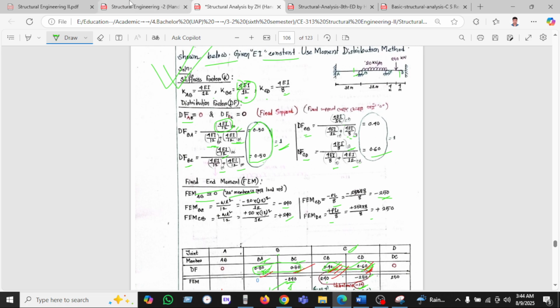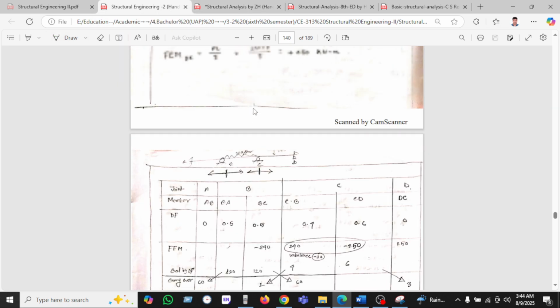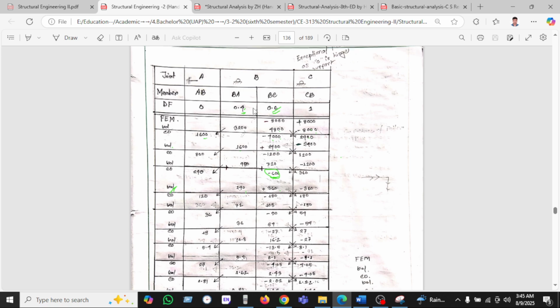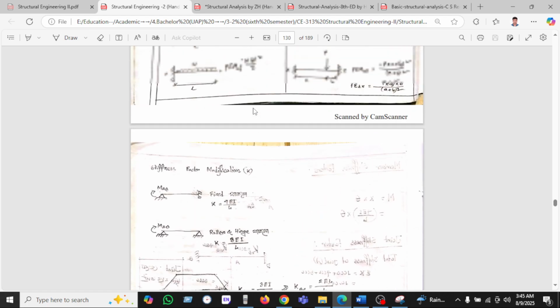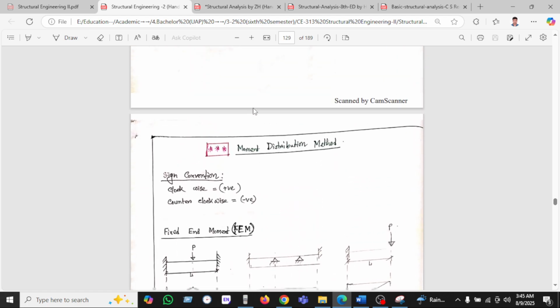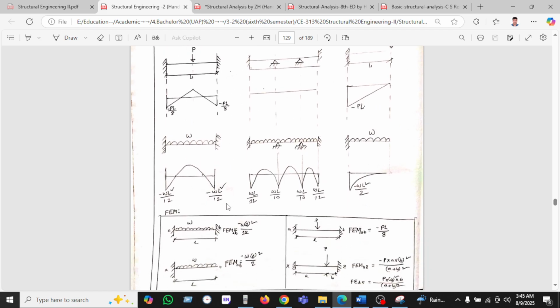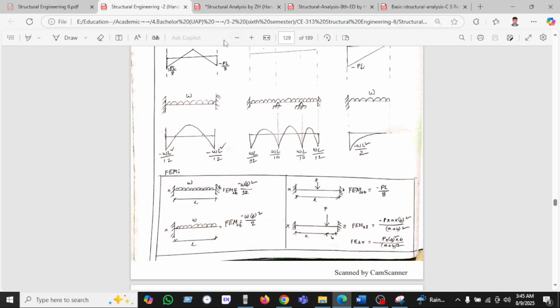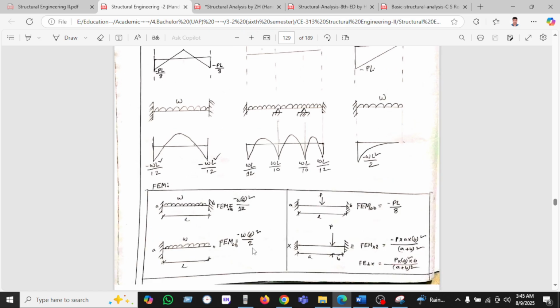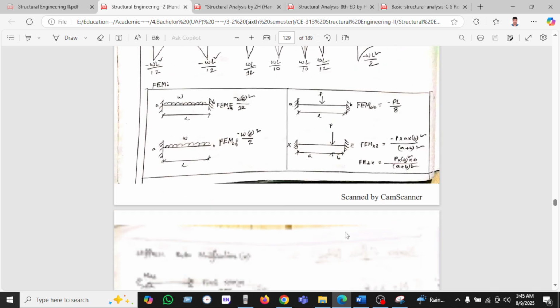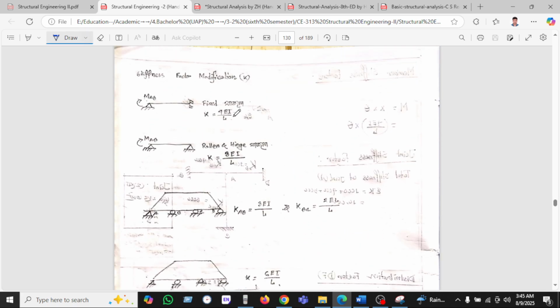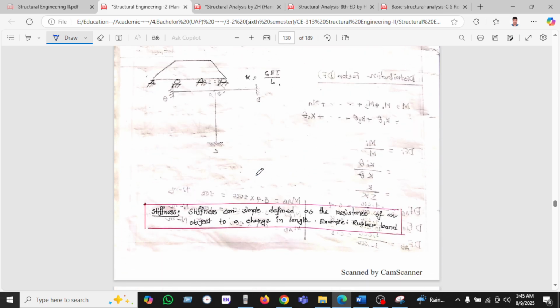If we summarize this, then at first we have to memorize some values, which are the fixing moment formulas WL square by 12 and PL by 8, and then we have to memorize 4EI by L, but we are not using this.